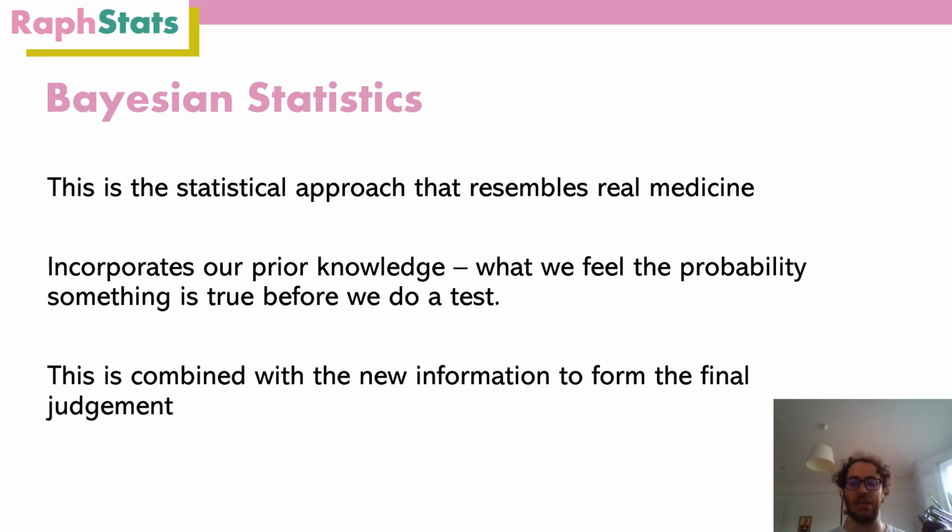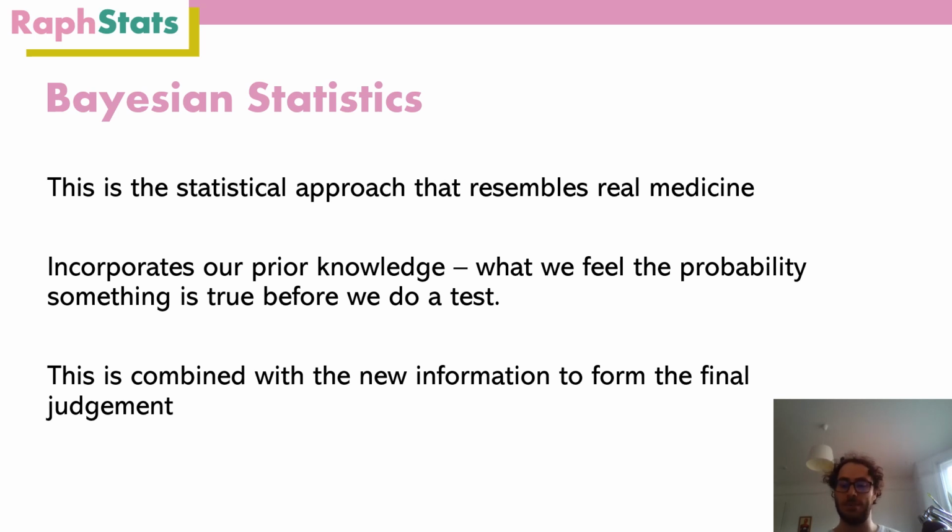This process that we're using is known by another term, which is Bayesian statistics. Now, you can get really in depth about the equations of what this means, but essentially, this is the statistical approach which resembles how we practice in medicine. And the difference between this and the other branch of statistics is that it incorporates our prior knowledge.